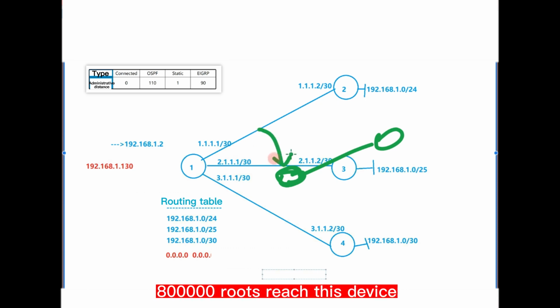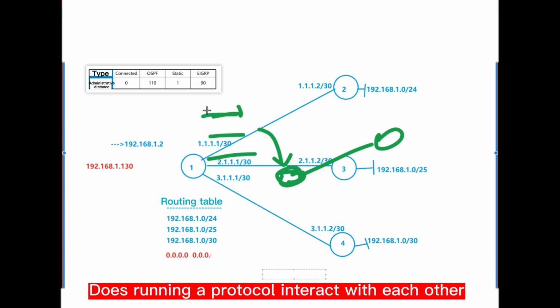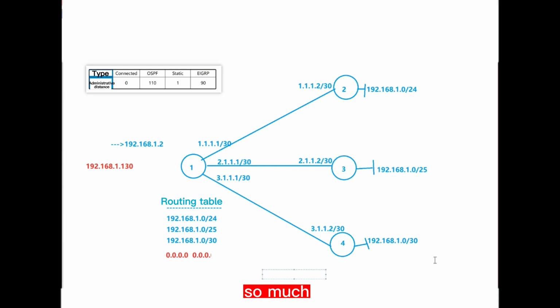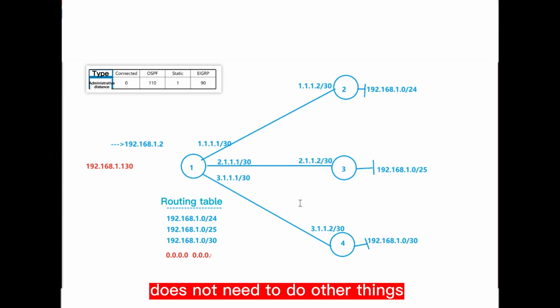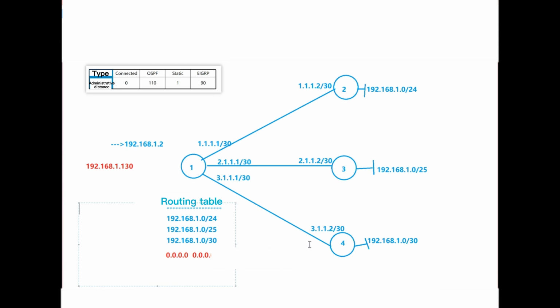How could more than 800,000 routes reach this device? If learned through dynamic routing, running the protocol and interacting so much would mean the overall bandwidth could not do anything else, just interact with the routing table. Business data could not be forwarded at all.